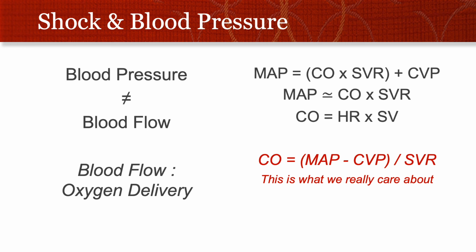And it's a very important relationship to consider, because if you know that the MAP is, say, 60, low but hanging on, and they have cold extremities, you know the SVR is high. So for a given MAP that's on the low end of normal, if the SVR is high, the cardiac output must be low, and that helps us define our shock states and know what to do about them.